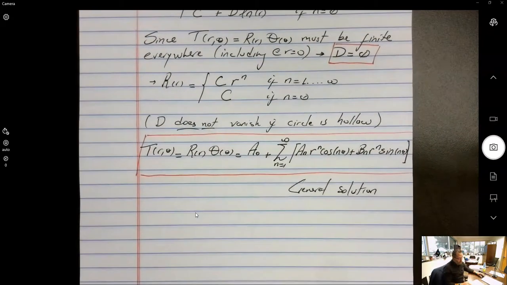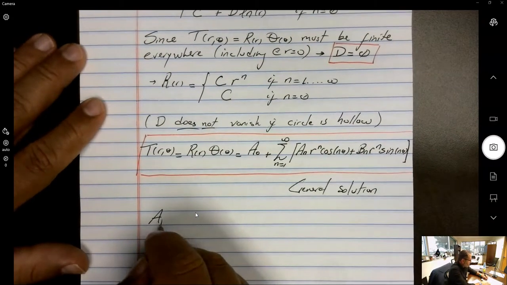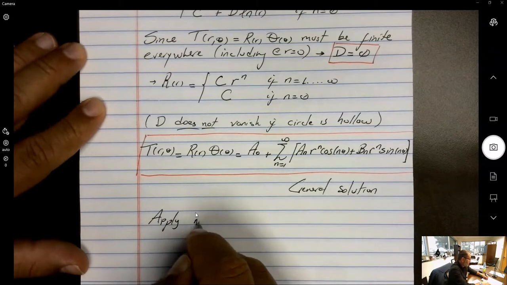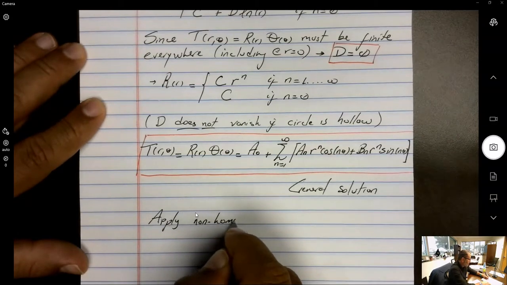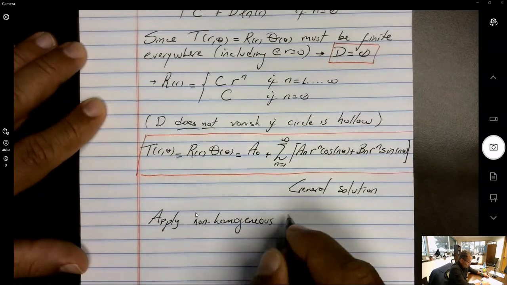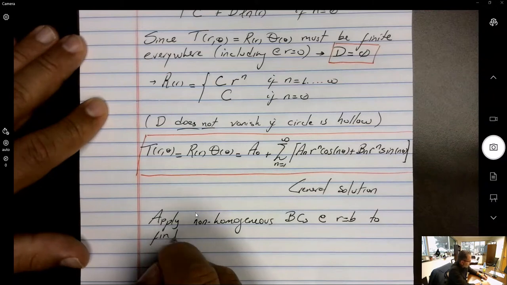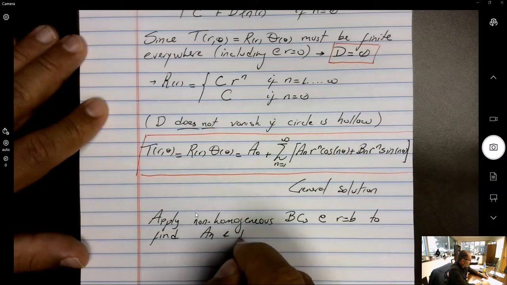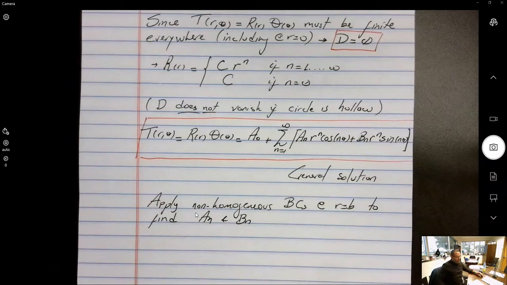Now, to find the constants of integration, as always, we apply the non-homogeneous boundary condition at r equal b to find an and bn for all values of n.